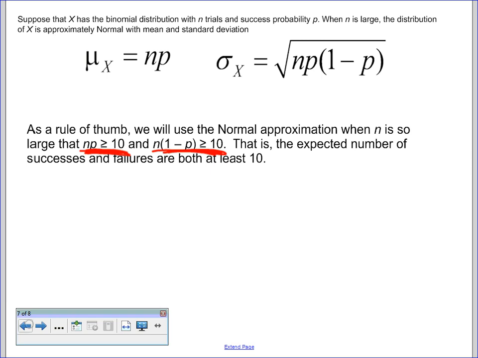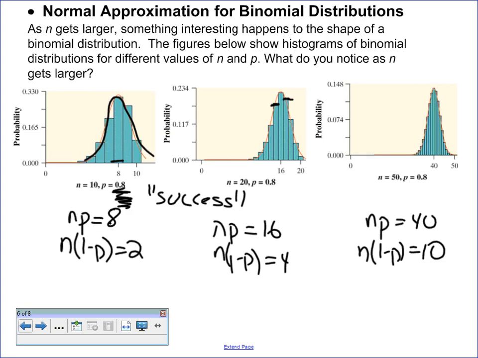And let's talk about what that means, because I drew them in here. But think about this. n times P is the number of successes, and n times 1 minus P is the number of, quote, failures.